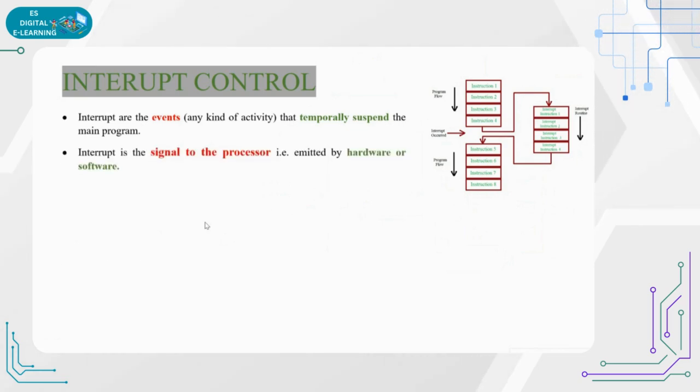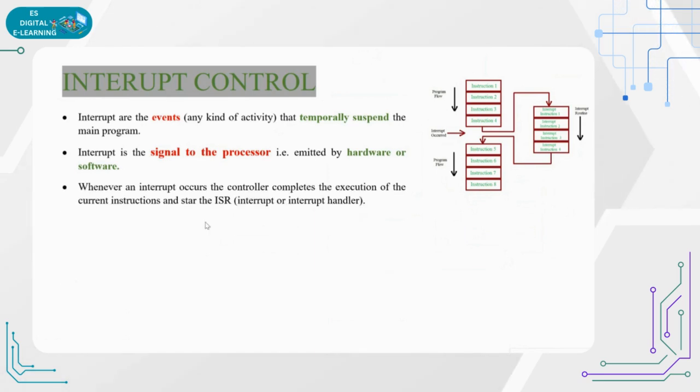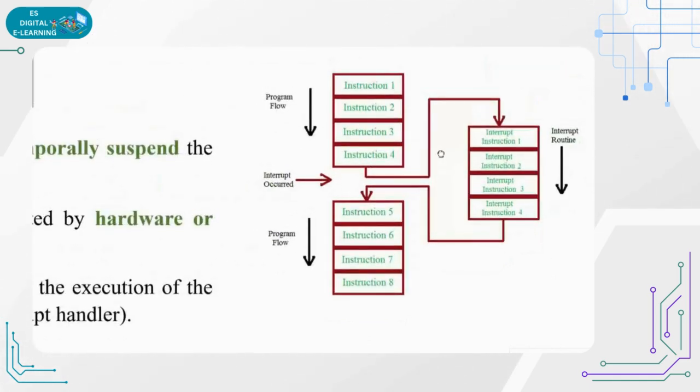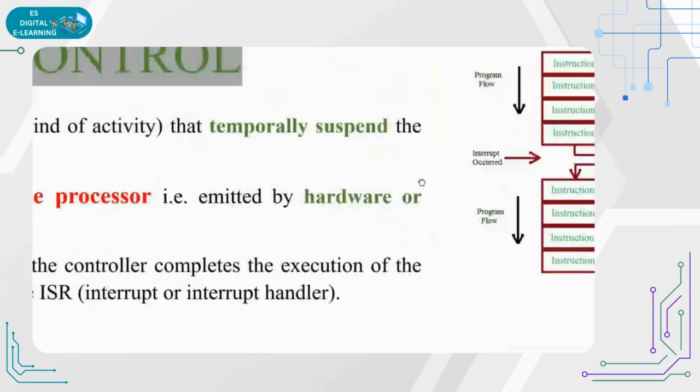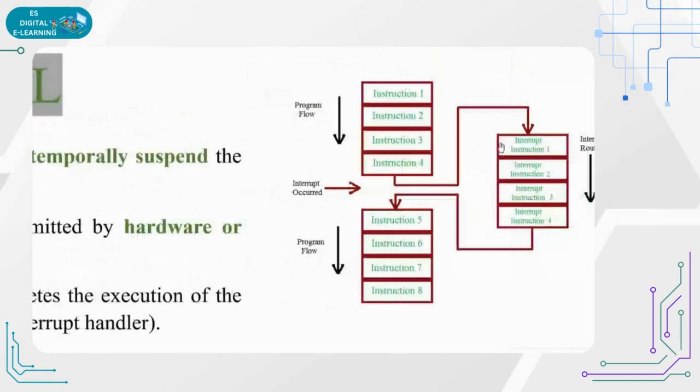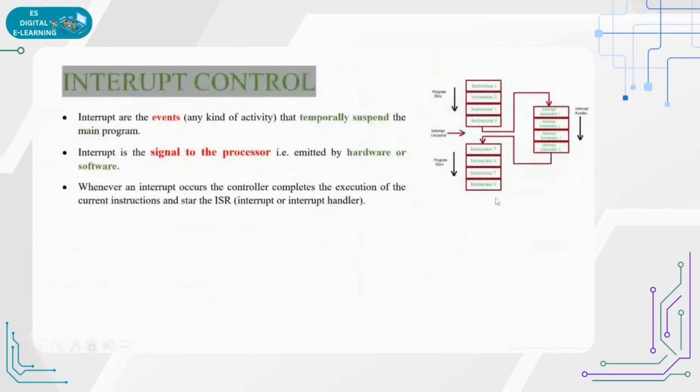Interrupts are signals to the processor, and interrupts can happen from the hardware or from the software. Whenever an interrupt occurs, what will it do? It will go and execute the ISR, the interrupt service routine. That will go and handle the interrupt and it will come back.